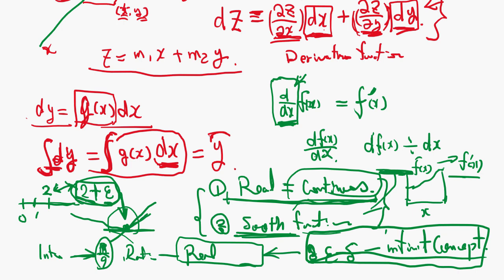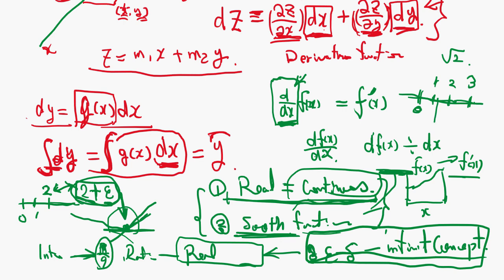I'll tell you why. Suppose 0 and 1 and 2 and 3. If this is a rational number line, show me where the square root of 2 is.